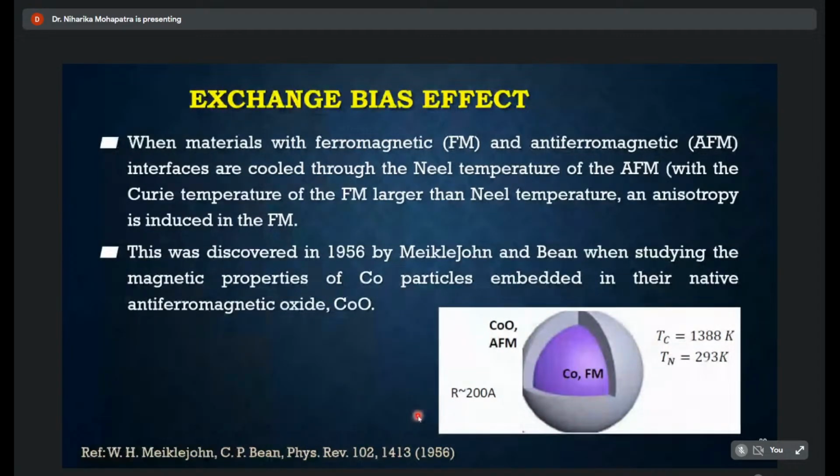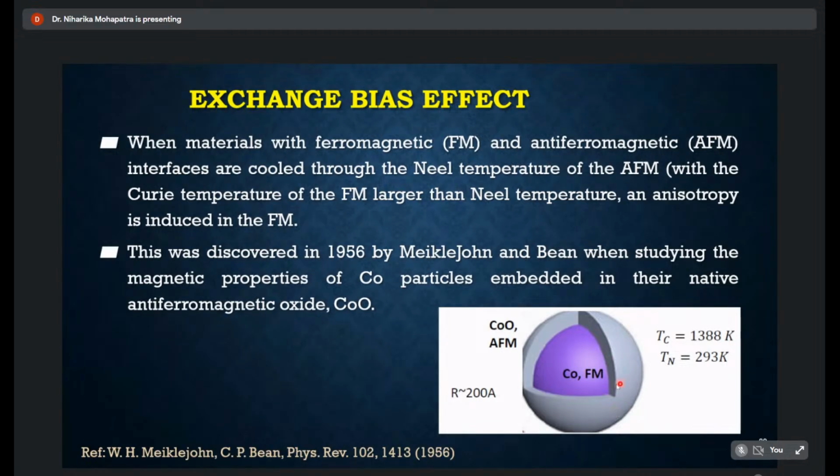It was first observed by Meiklejohn and Bean in 1956. They found in a particular material, when they combined cobalt, which is a ferromagnetic material, with its oxide, cobalt oxide, which is an antiferromagnet, in a core-shell structure, you can see this kind of structure.